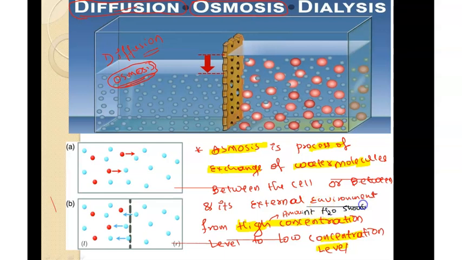Low concentration means less amount of water particles. See image A, this exchange has to happen. One more point you should add: this exchange has to happen through a semi-permeable membrane, or selectively permeable membrane.